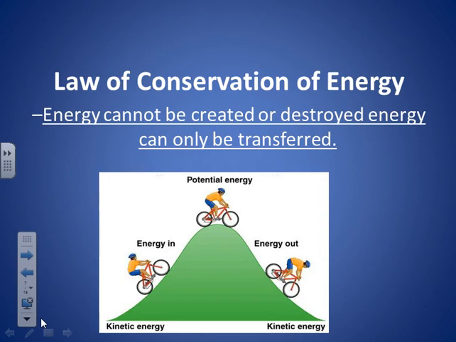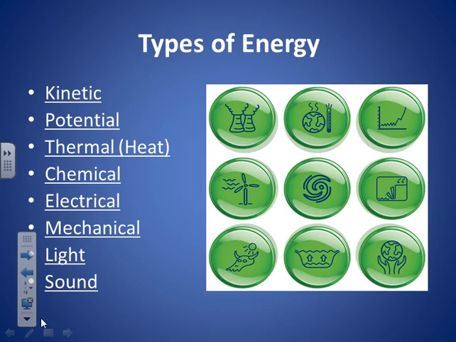What we're going to study in this section of Cornell Notes is how that energy is transferred and what types of energy it is constantly being transferred to. In this example, it's constantly being transferred between kinetic and potential. But there are other types of energies that we're going to learn about. Energy cannot be created or destroyed.